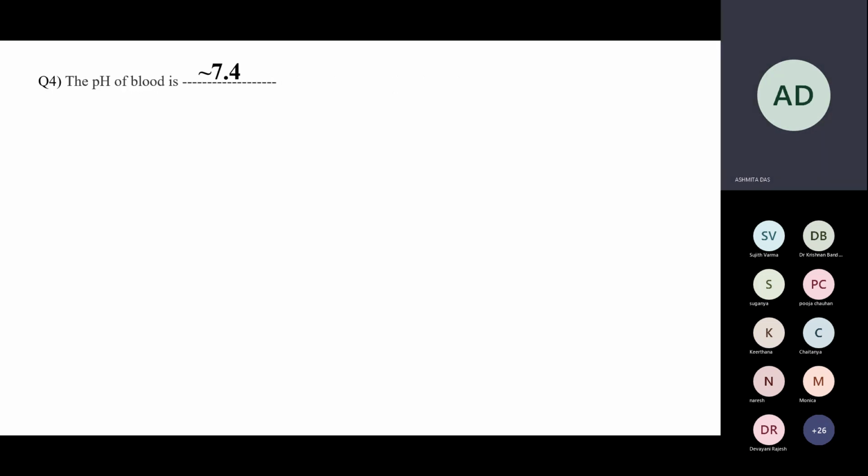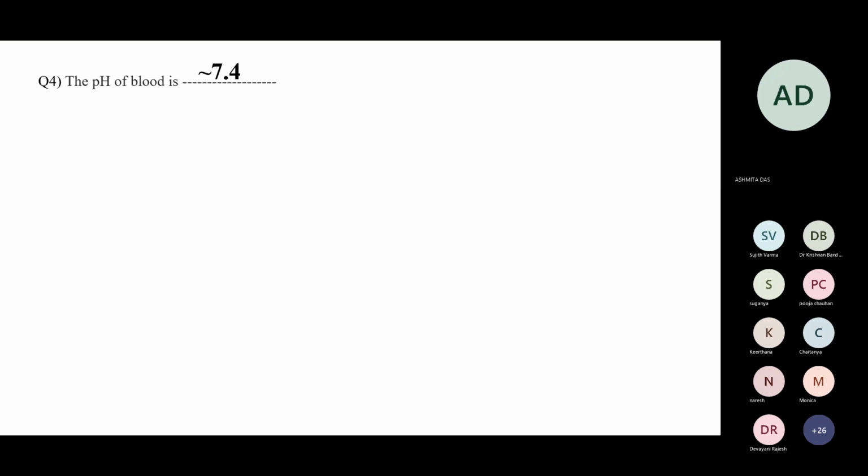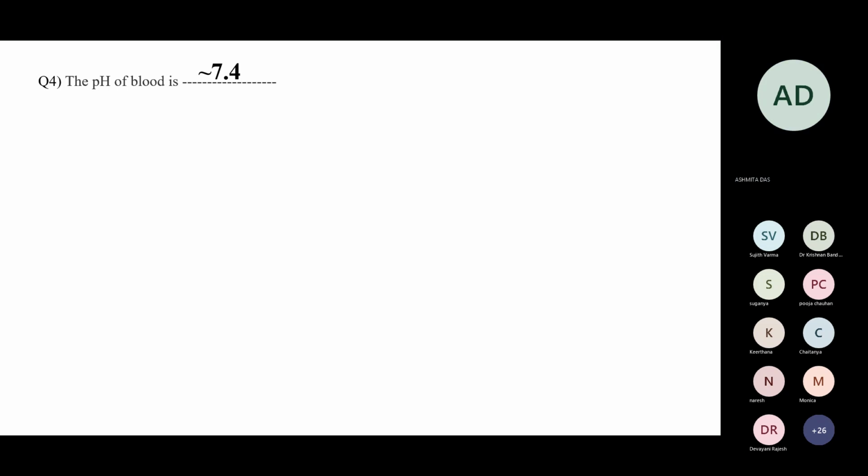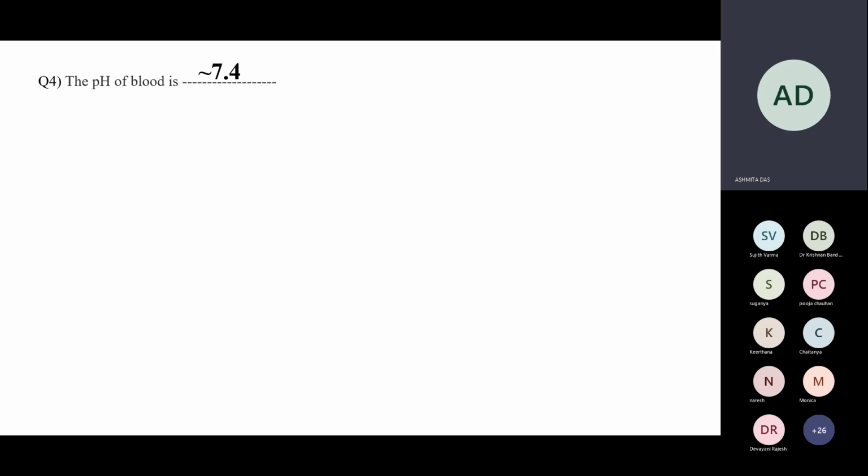So what is the pH of blood? 7.4. And how is the blood pH of 7.4 regulated? Anyone have an idea?